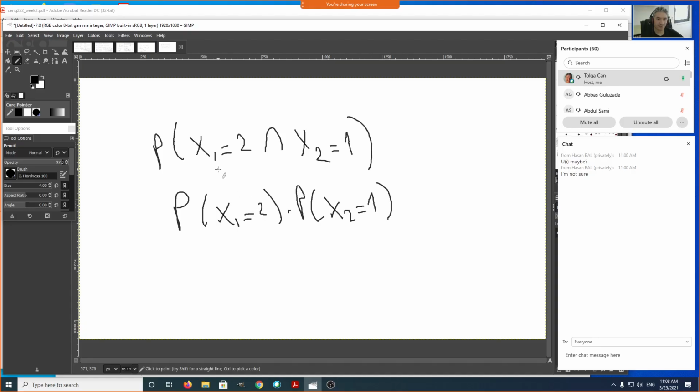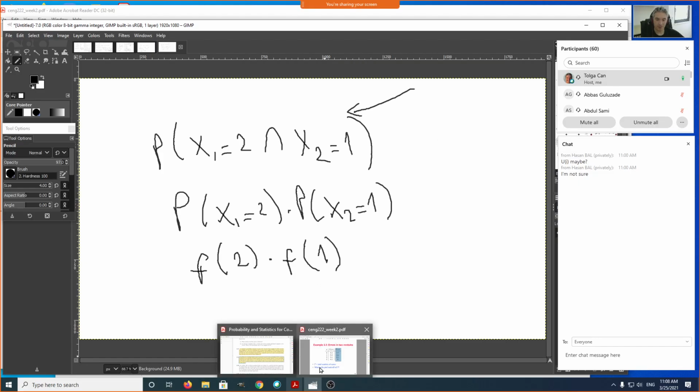When I say these events are independent, then I can just multiply the individual probabilities. In other words, in the probability mass function, if I multiply f2 with f1 in my table, it will tell me the probability of this event.